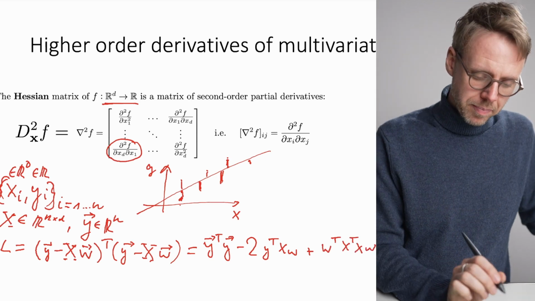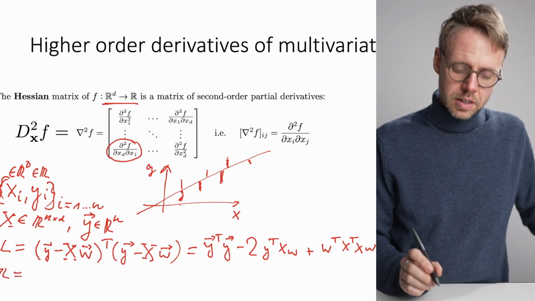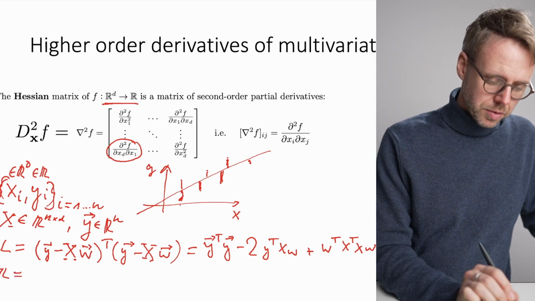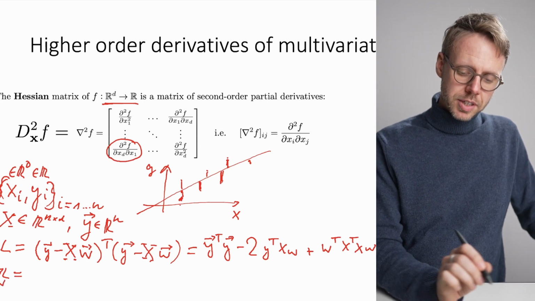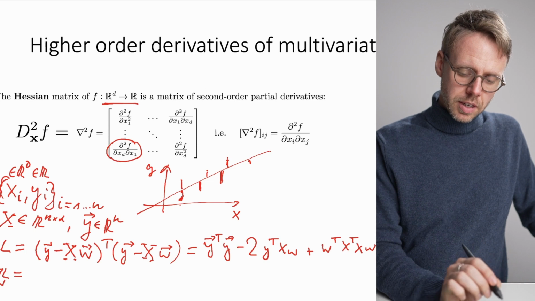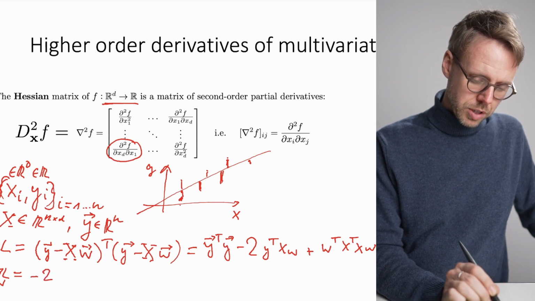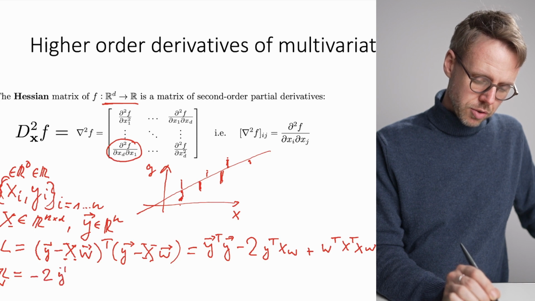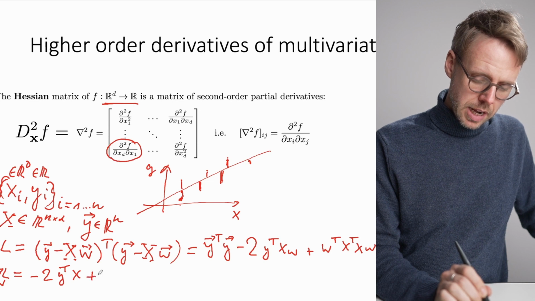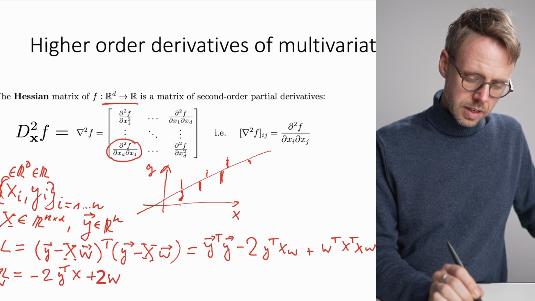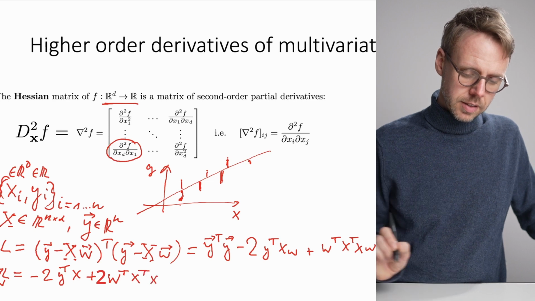Now if you take the gradient of this with respect to the parameters w, then y transpose y doesn't contain w. We are left with minus 2 times y transpose x plus w transpose x transpose x.